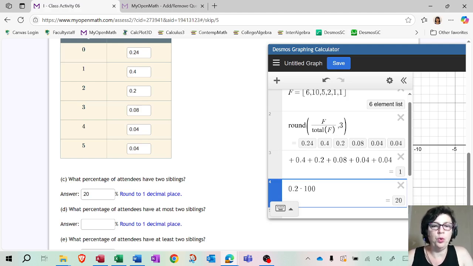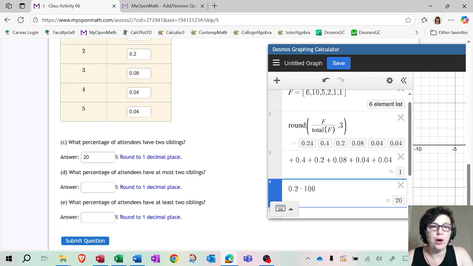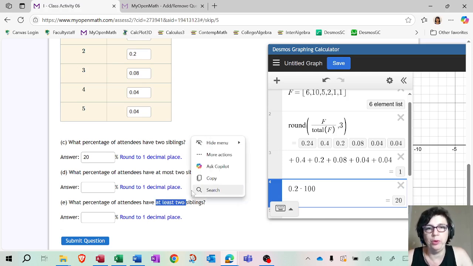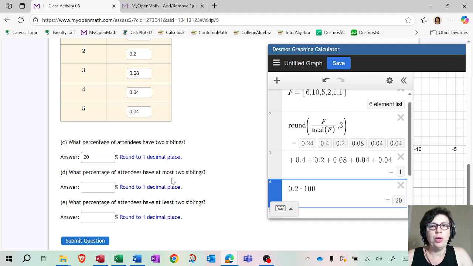Now what we need to understand and have on our note card so we don't forget is the difference between at most two and at least two. This is probably one of the most common mistakes people make. At most two means no more than two, and it includes two itself, which is another thing people don't realize.